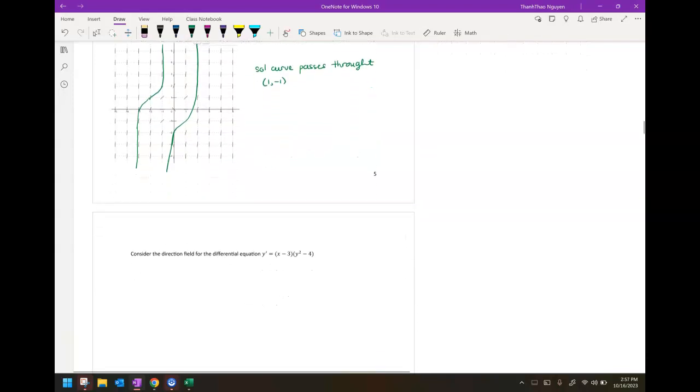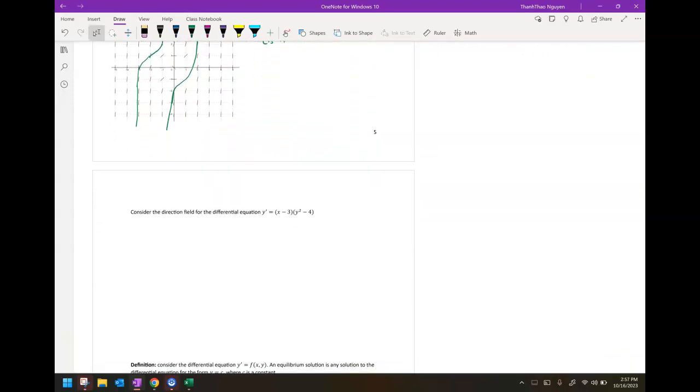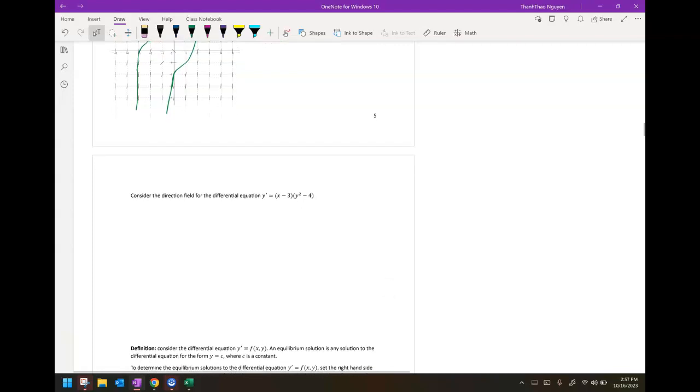About the solution field, let's consider the directional field for this differential equation: y prime equals x minus 3 times y squared minus 4. Let's go back to our curve.